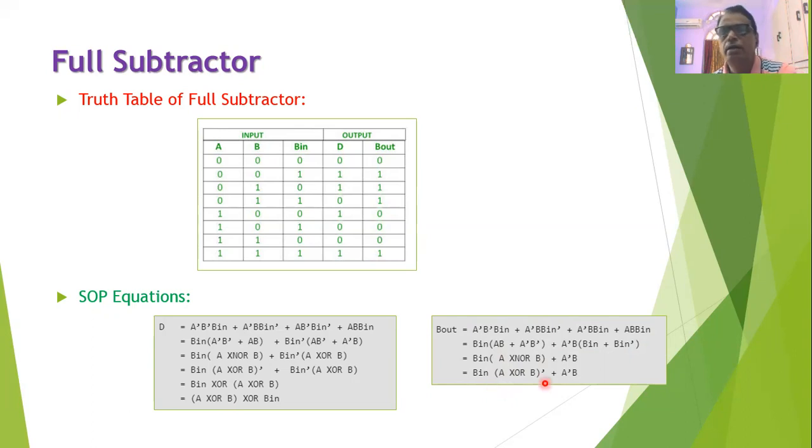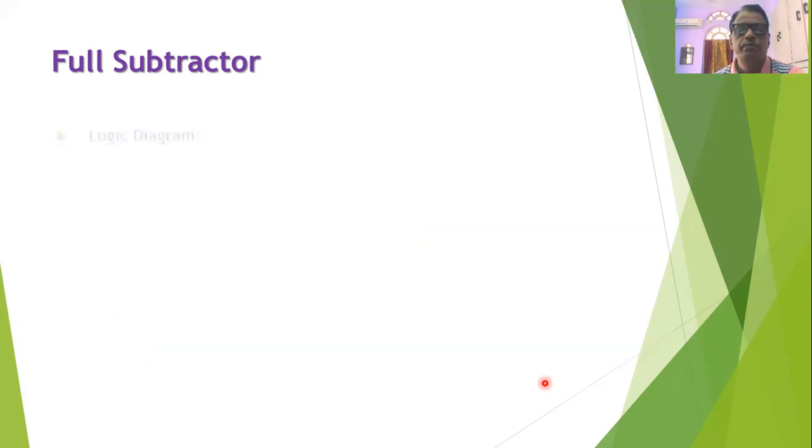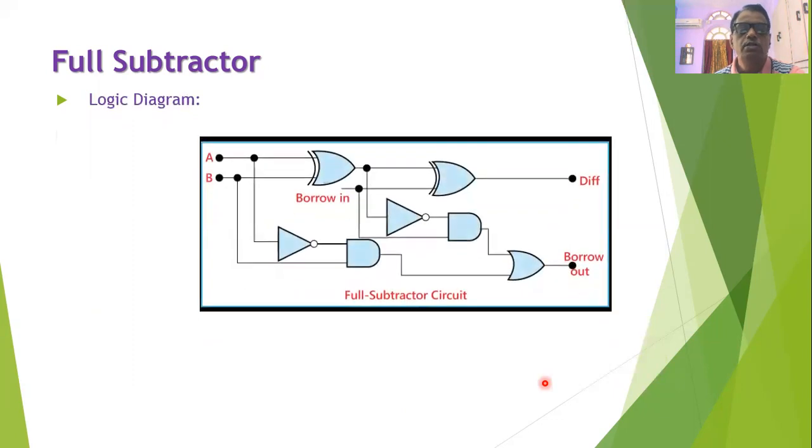So once you obtain the SOP equations for the difference and borrow output, then we can easily construct the full subtractor circuit by making combinations of the logic gates. So we can draw the logic circuit for the full subtractor as shown in this diagram. A and B are applied to the XOR gate. Its output is again coupled to another XOR gate, and so that its output is the difference output.